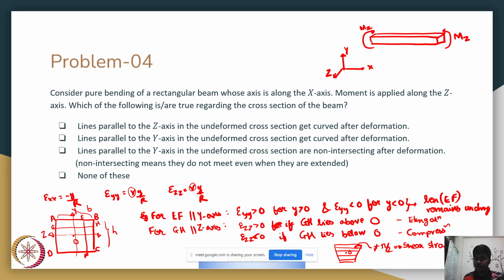But that is not the case, because we know that this surface has to be traction free. Therefore, this angle needs to be 90°, but this line needs to elongate.